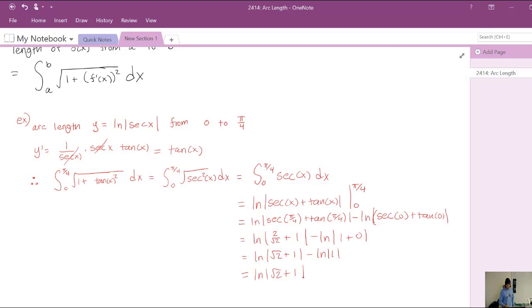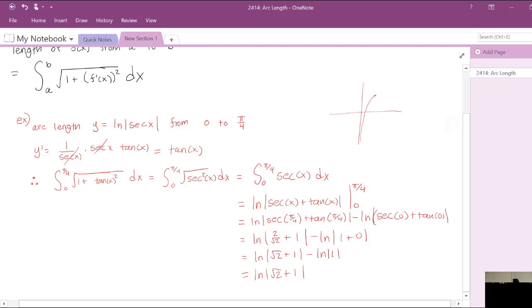And we'd say that this value represents the absolute length of the arc. If we imagine this function, natural log of secant, is that an asymptote?